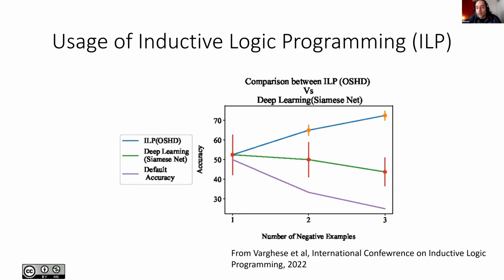And the one advantage that we have here, which is a very big advantage in a biomedical setting, is that we don't need a very large number of data sets or samples in order to train these models properly. So what you see here is on the x-axis the number of negative examples, and with our method we consistently improve our performance or accuracy with ILP as compared to state-of-the-art deep learning methods, because ILP is a different approach to AI.